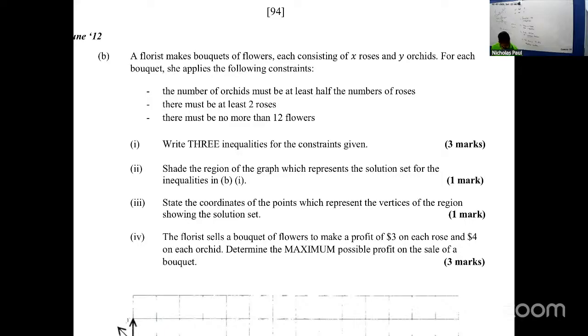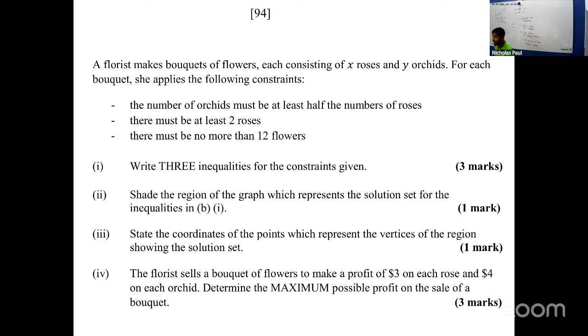So take a little read of the scenario. It's a real life situation and it's a technique to actually solve these things. It's on page 94.